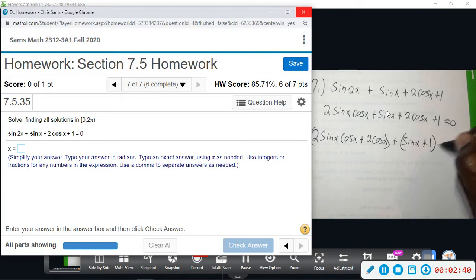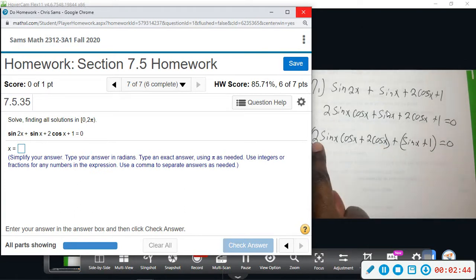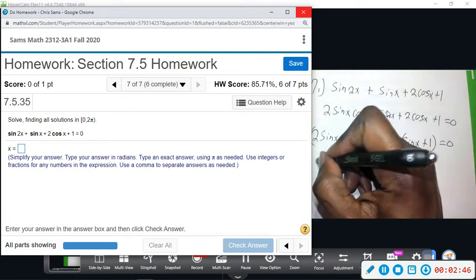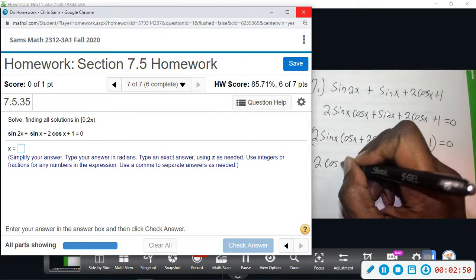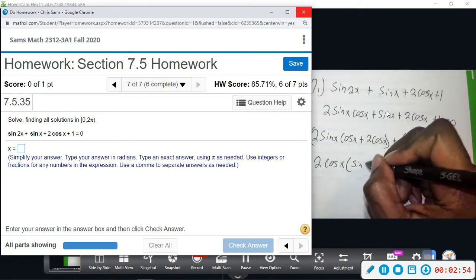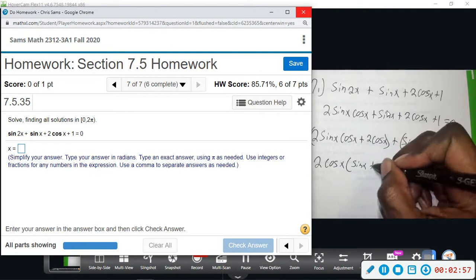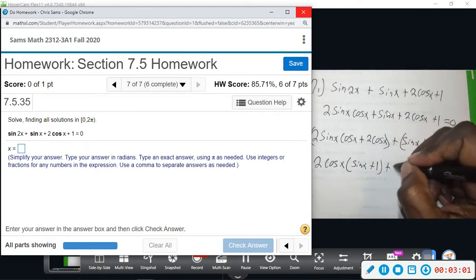Group these two together. Here we both have 2 and cosine x. And then what we have left is sine x and then just plus 1. This parentheses is already the same, so plus 1.